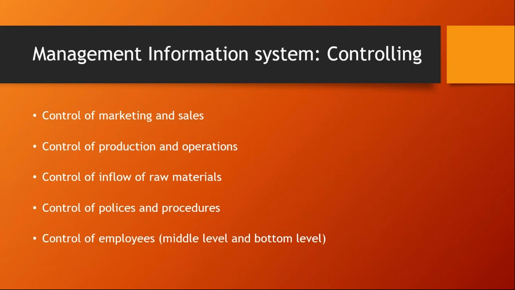Those are the things that controlling does, and there are 5 steps. When we talk about controlling, there are basically 5 steps that we need to understand. Number one, it involves ensuring that performance does not deviate from standard. So what controlling does is that it helps us to set standards.